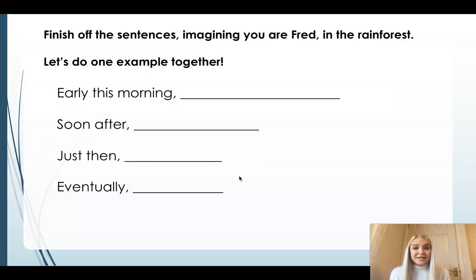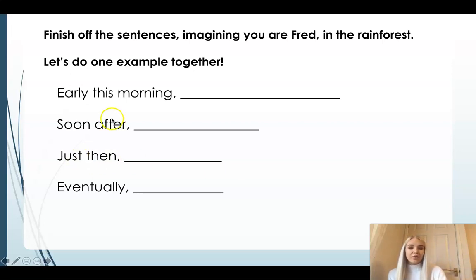Now, today, you are going to imagine you are Fred. You're going to put yourself into Fred's shoes and imagine that you are Fred and that you are in the rainforest. Now, we are going to use 4 adverbials of time to create a paragraph about how Fred is. Now, we need to make sure that when we are writing our paragraph that we write about the same thing for each of the adverbials.